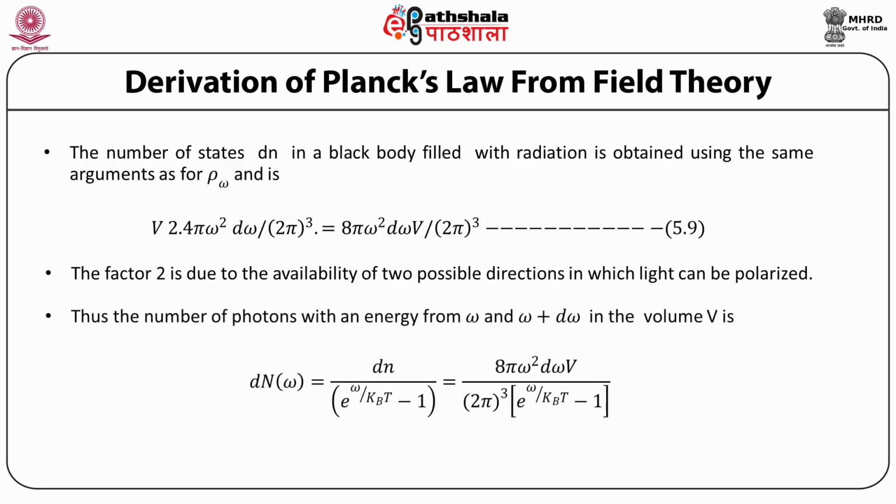Thus, the number of photons with an energy from omega to omega plus d omega in the volume V is dn at the energy omega, which is equal to dn divided by exponential omega by kBT minus 1, which is equal to 8 pi omega squared d omega V divided by 2 pi cubed into exponential omega by kBT minus 1.